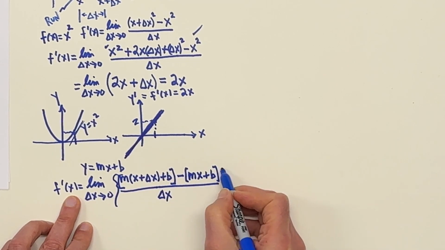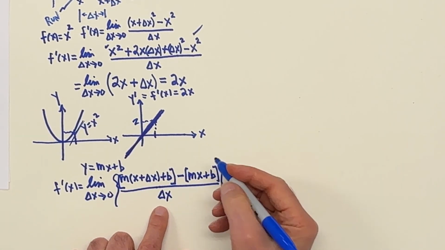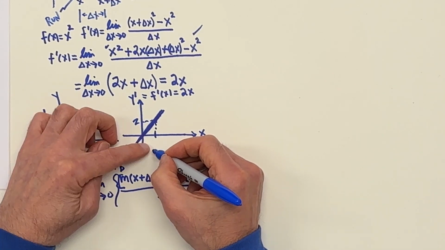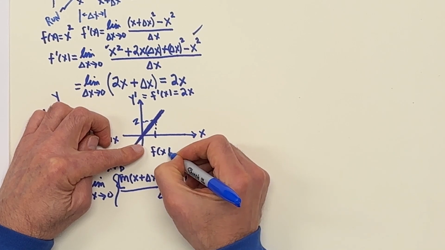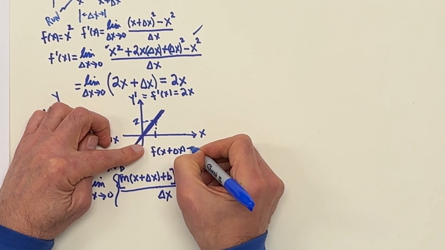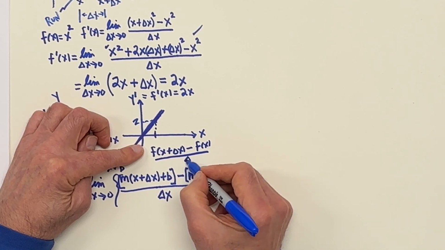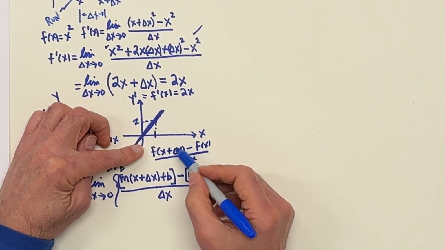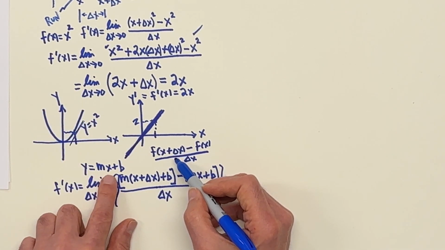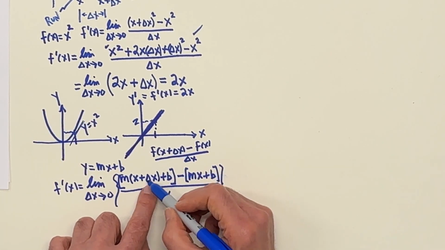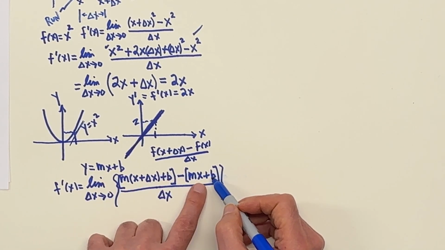I'll put some brackets there so that you know all that's in the middle. So this is simply using our definition, which is always good to emphasize. It's f of x plus delta x minus f of x, divided by delta x. See, that's the key idea. That's what's in here. x plus delta x, when you put it in for the x here, you get m times the quantity x plus delta x, plus b, then minus just the function.